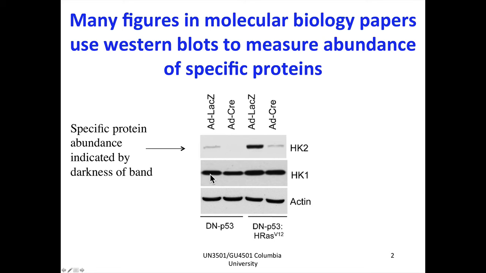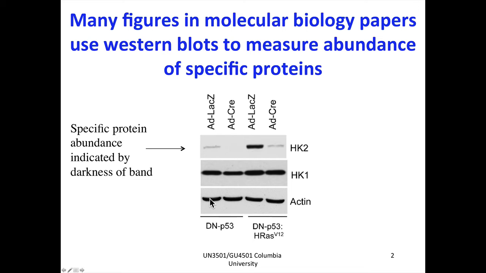This is called a loading control, meaning that they can show that they've loaded equal amounts of total protein into each of these wells in the gel, each of these columns, each of these lanes. And then it's the particular treatment they've done here that causes the variation in hexokinase 2, not the amount of protein they loaded on the gel or how well they were able to break open the cells and collect the protein, or some other kind of technical aspect of the experiment.